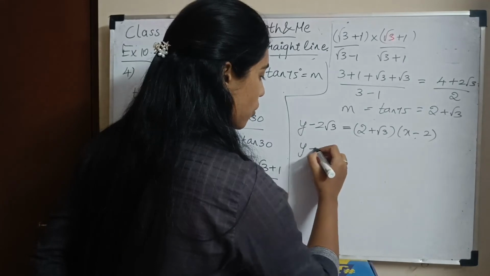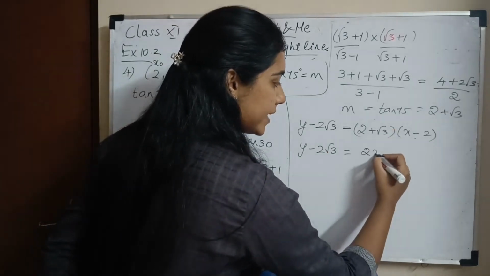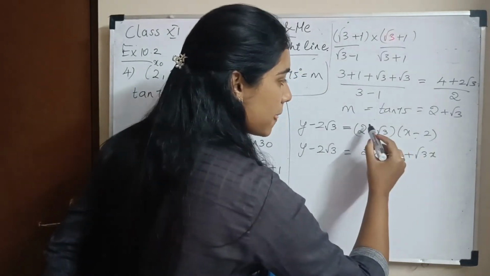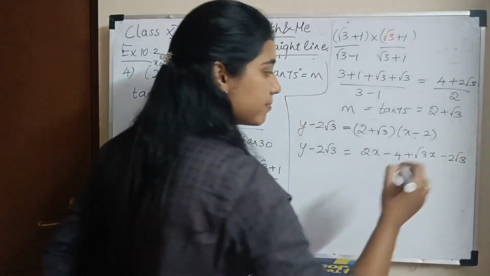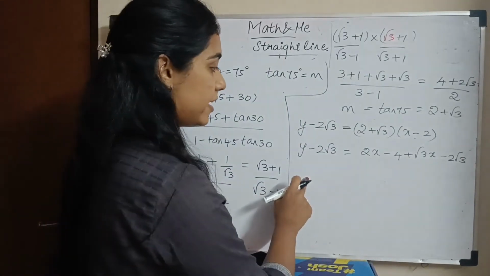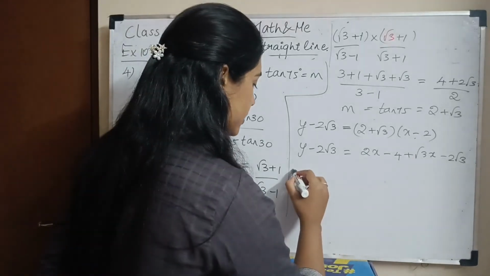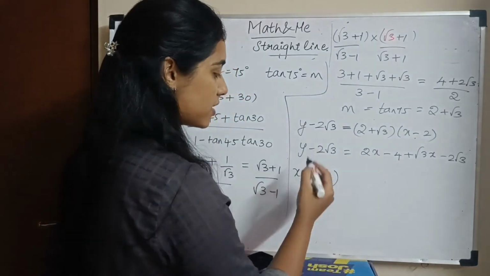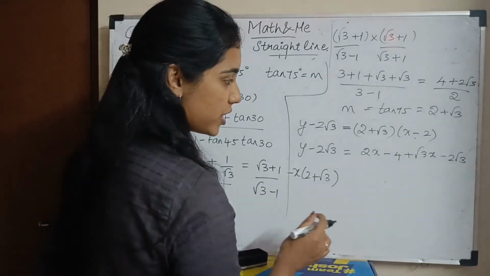So this is y minus 2 root 3 equals, I am going to multiply this, 2x minus 4 plus root 3x minus 2 root 3. Okay. So I am bringing everything to the left hand side. I have (2 plus root 3) into x. So x times (2 plus root 3). But since this comes to the left hand side, it becomes a minus. So minus x(2 plus root 3). What else do I have?